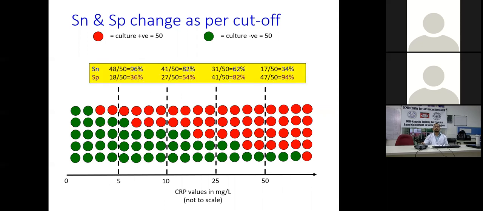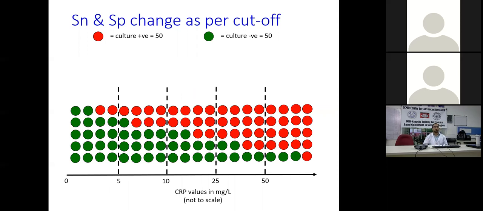Let's see what happens at each stage. If I take 5 milligrams per liter as my cutoff value, then note that anyone above 5 milligrams per liter I'm now taking as CRP positive, less than 5 milligrams per liter as CRP negative. So let's see what happens to sensitivity. Sensitivity is amongst those who are gold standard positive.